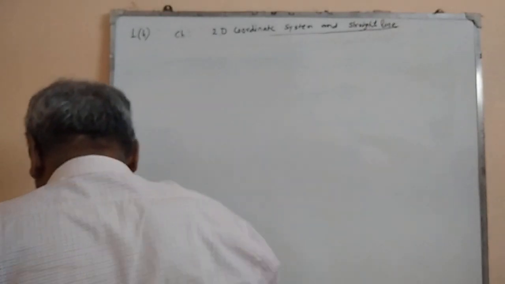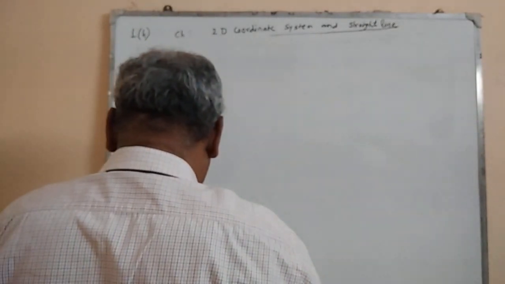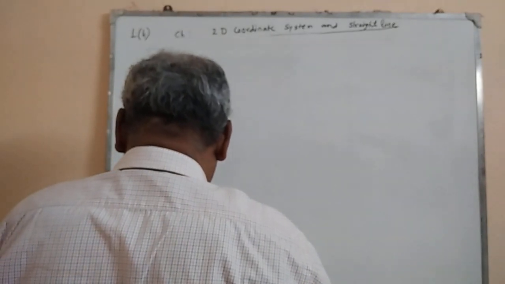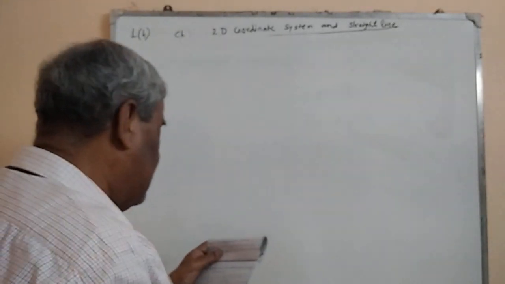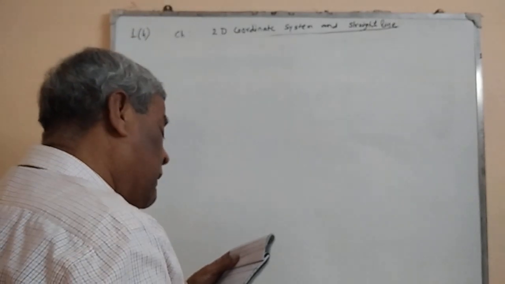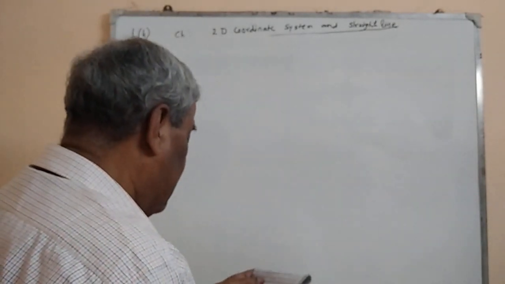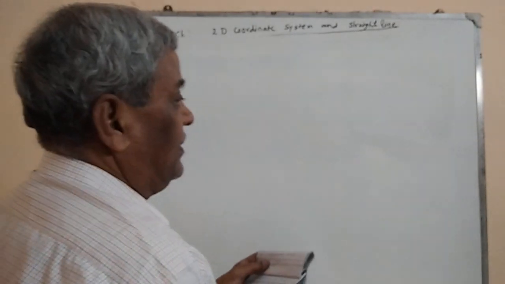So next problem is: the sum of perpendicular distances of a point P from two mutually perpendicular straight lines is 1.